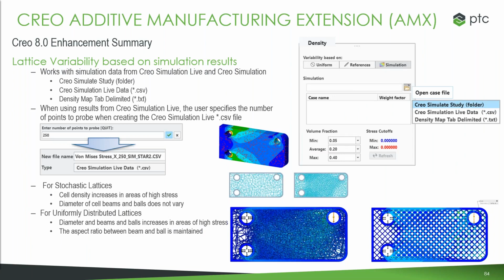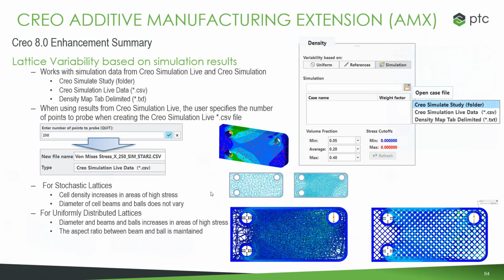If you're creating a uniformly distributed lattice of beams, then the distribution stays the same, but we make the beams and the balls thicker in the areas of high stress. If we're using stochastic lattices, these more organic little beams here, then the density of those increases in the areas of high stress.